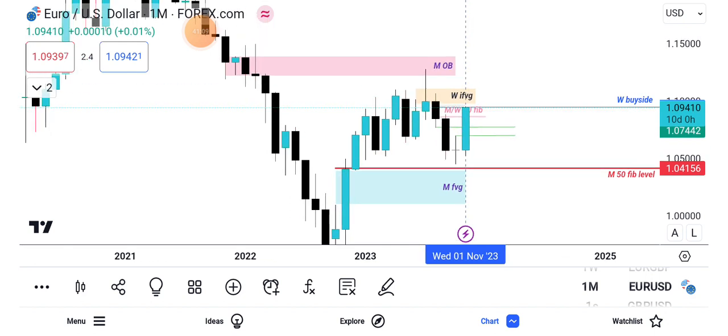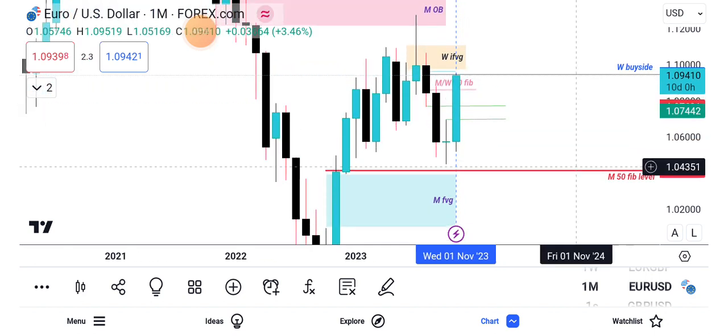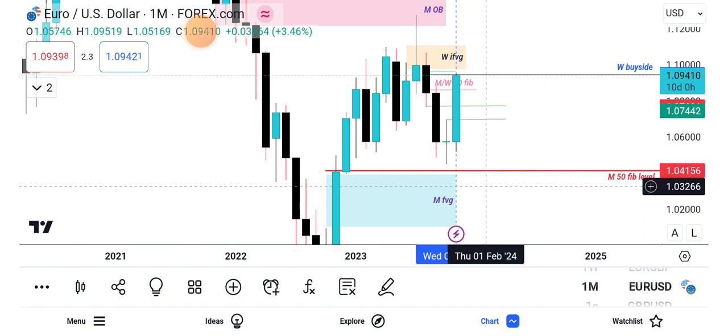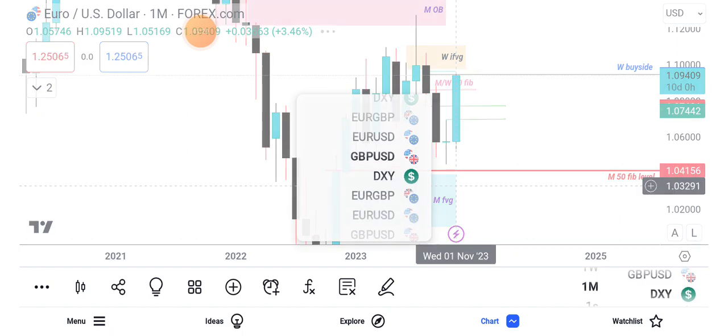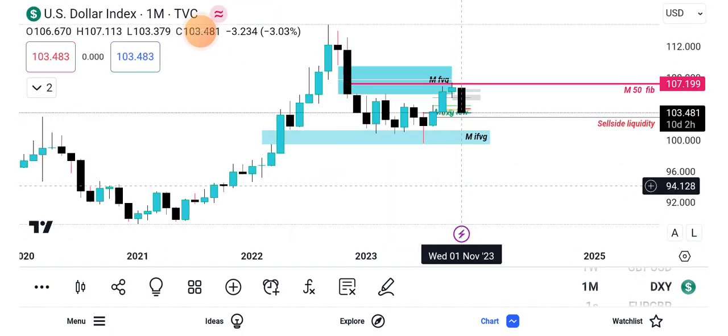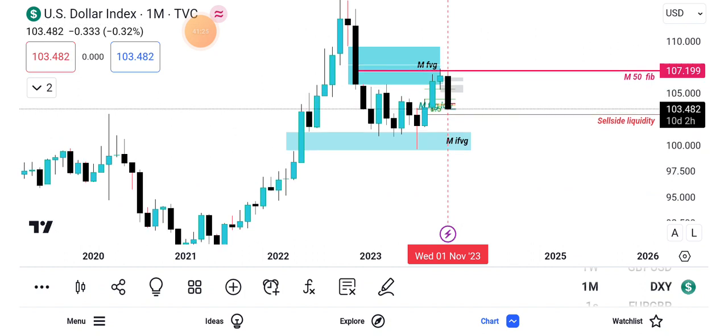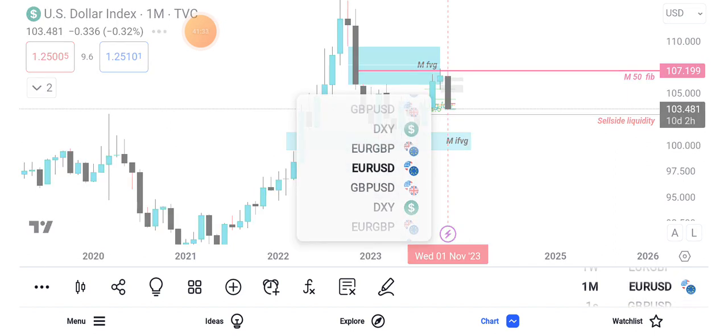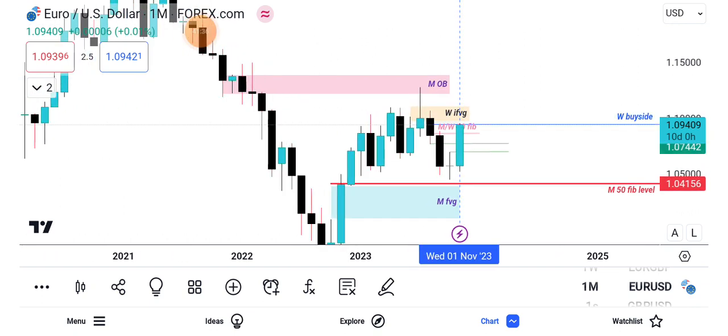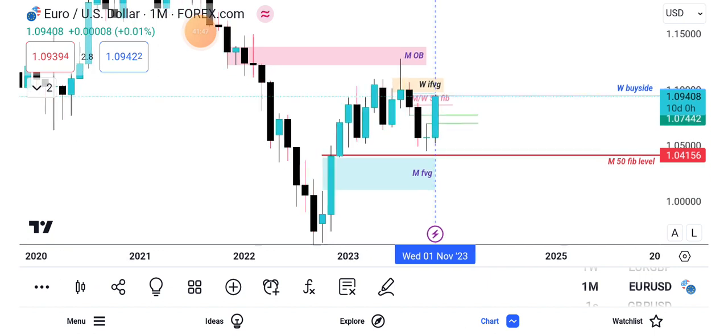So in EU, it shows us why we should be expecting lower prices compared to higher prices, meaning in DXY or dollar, we should be expecting higher prices into this monthly fair value gap, because EUR/USD is telling us that we have to see a retracement to discount for us to be in a buy model.